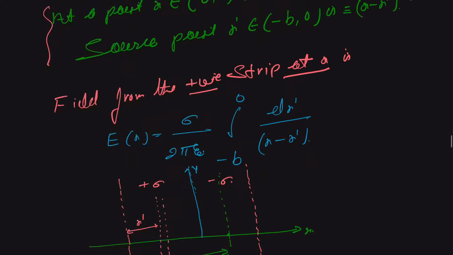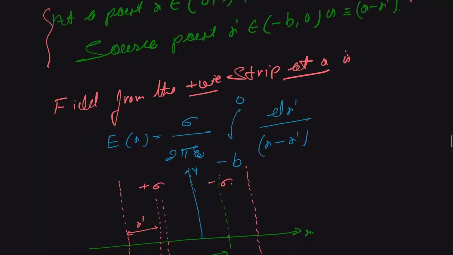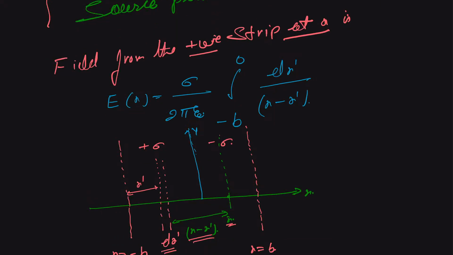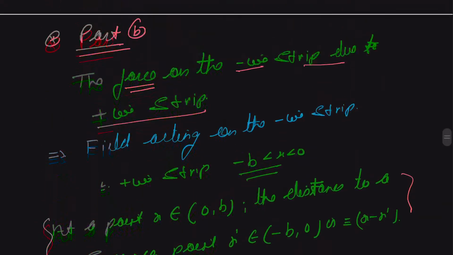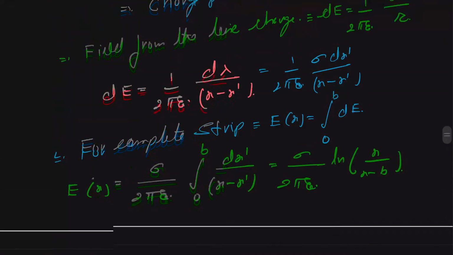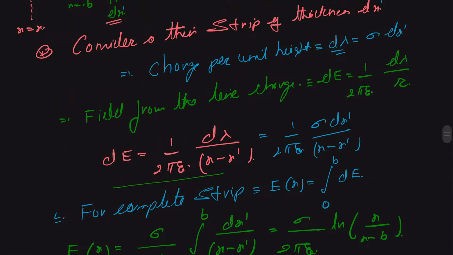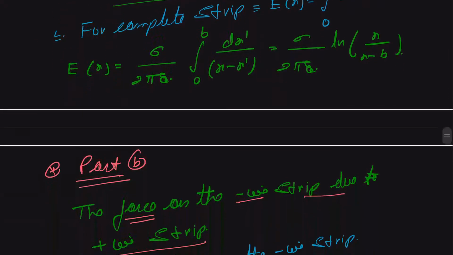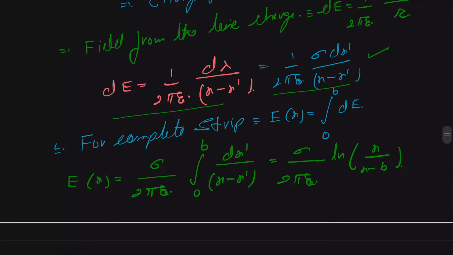And because of that we can easily write our small electric field dE, same thing which we used in our part A also. First of all we can write what will be our dE because of this strip at x, which we have already calculated also. Same formula we are going to use. So this is our small electric field because of our strip.